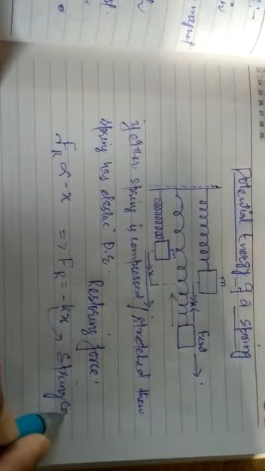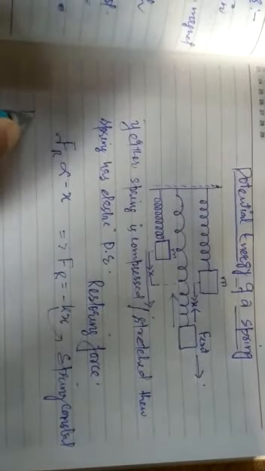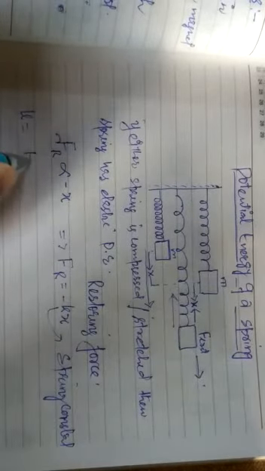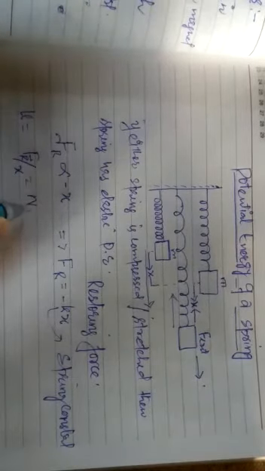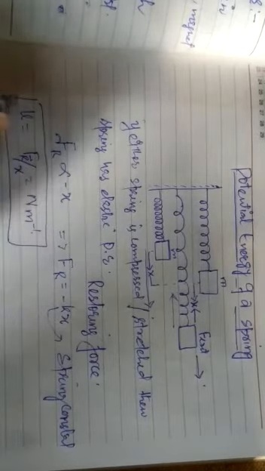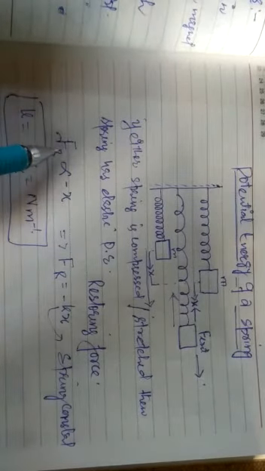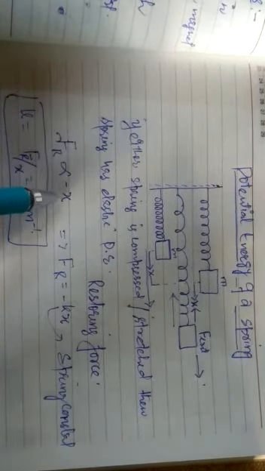Spring constant: the dimensions of k equal F over x. F is in newtons and x in meters, so newton per meter is the unit of k, the spring constant. From this relation, the restoring force is directly proportional to the displacement.